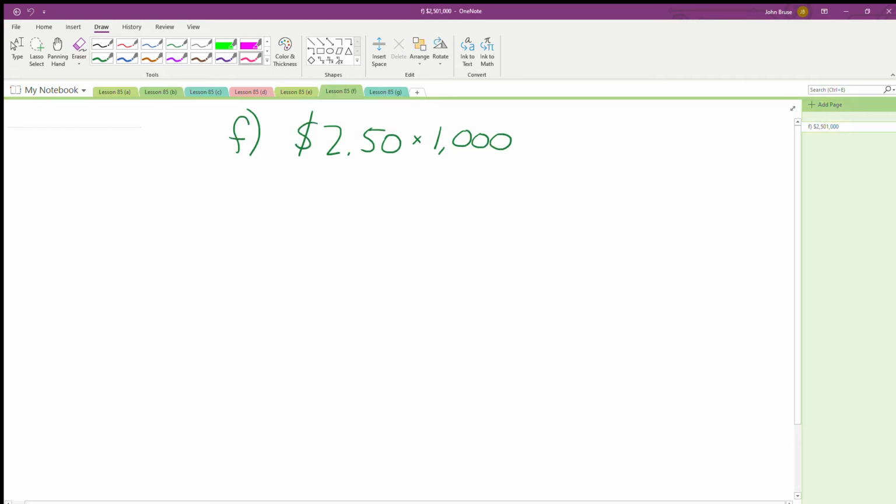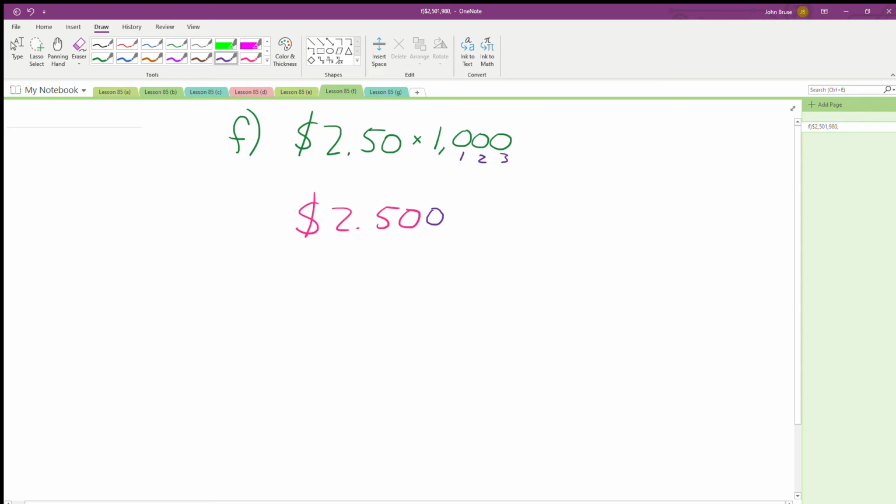Okay, F, we have another money problem. We've got $2.50. Now remember, this one here has 3 zeros. So I'm going to have to move my decimal point 3 over, but I don't have 3 numbers, so I'm just going to add a placeholder 0 here. I know it's money, but we're just going to add it there because I'm going to move this decimal point over, okay? So there's 3 zeros, 1, 2, 3.